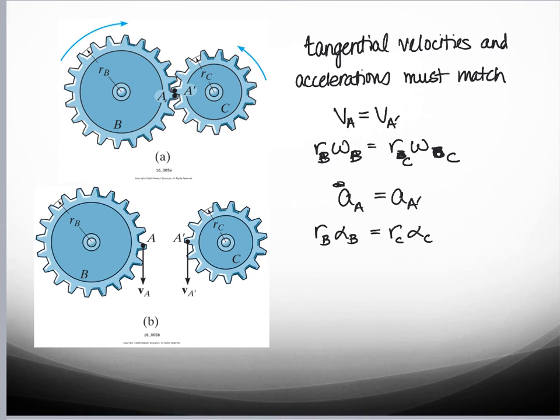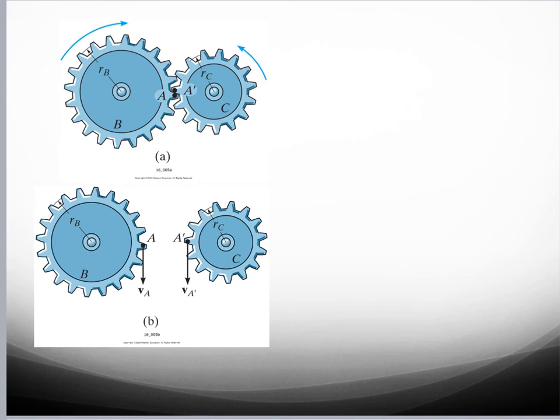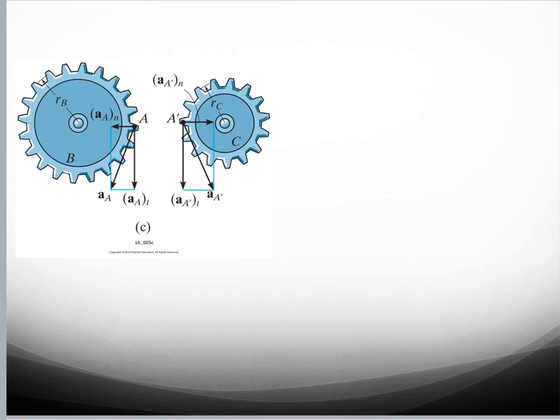Now, keep in mind, we were talking about tangential velocities and accelerations. Look at these. Notice that these points are also going to have normal components of acceleration, and those are not going to be the same.